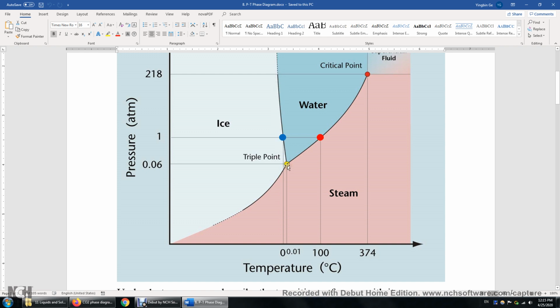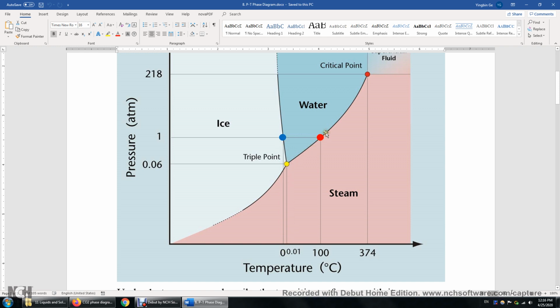As you can see, as pressure goes up from 0.06 ATM to 218 ATM, the melting point of water decreases slightly. For example, if we increase the pressure from 0.06 ATM to 1 ATM, the melting point of water decreases from 0.01 degrees Celsius to exactly 0 degrees Celsius.